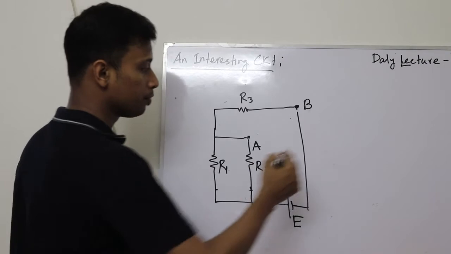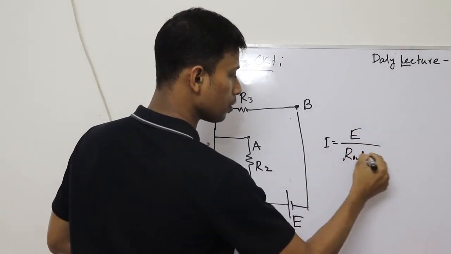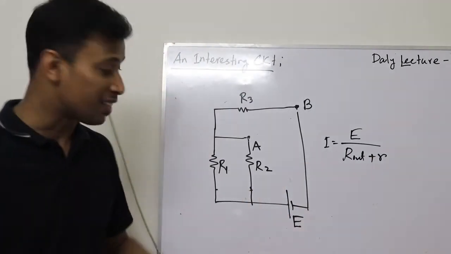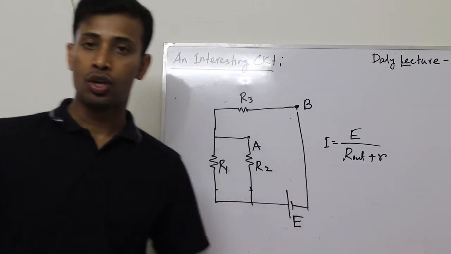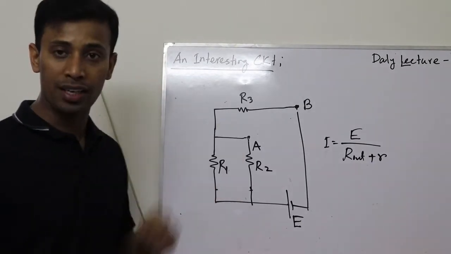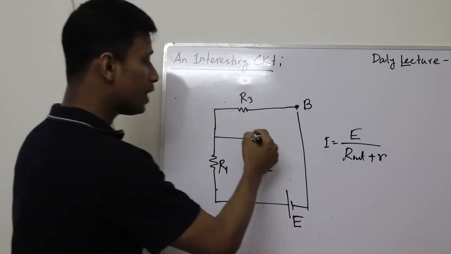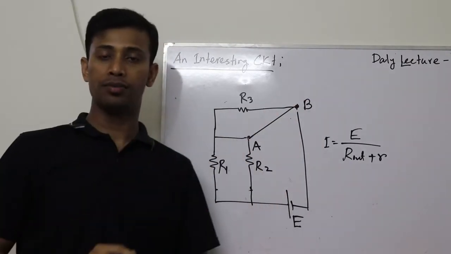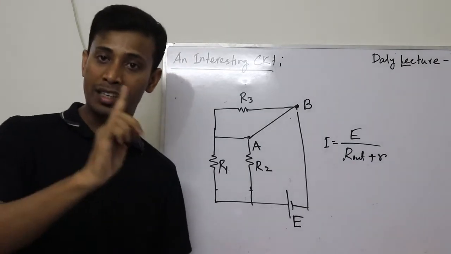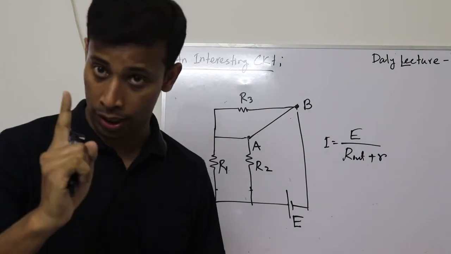And we know that current flow depends upon the total equivalent resistance of the circuit. So now we have 2 in parallel and 1 in series, so we have 1 type of current flow, and if we connect points A and B by a short line, then what will happen? I say 1 line, 1 point.